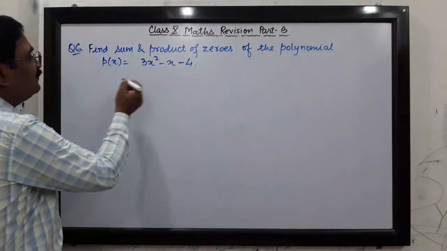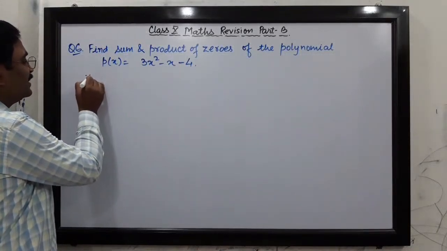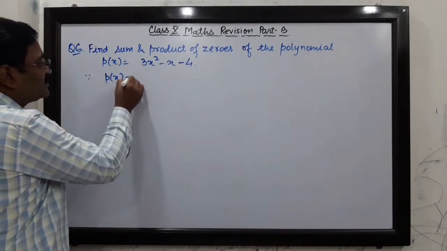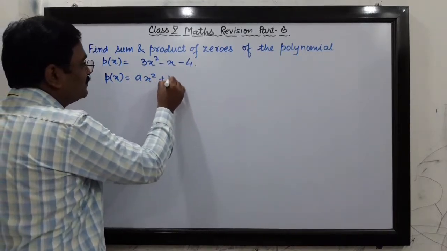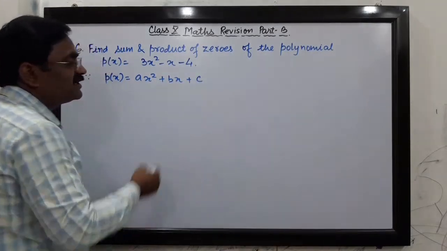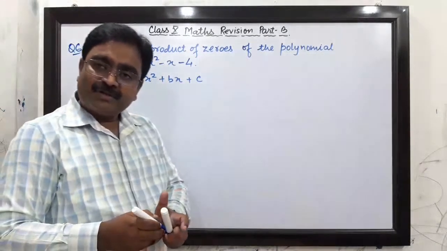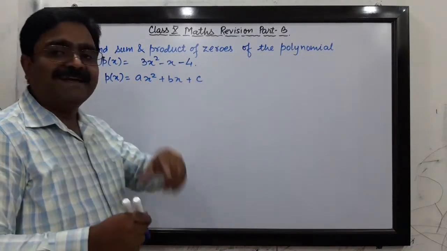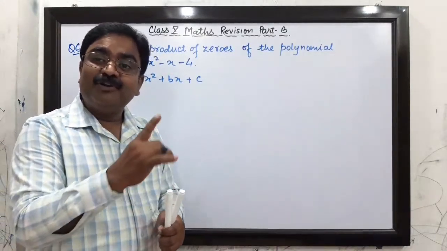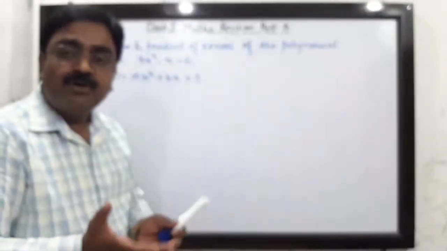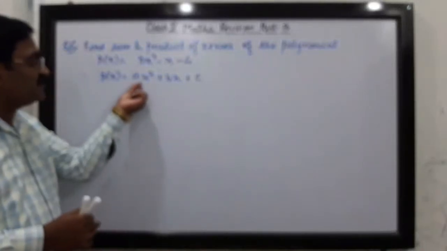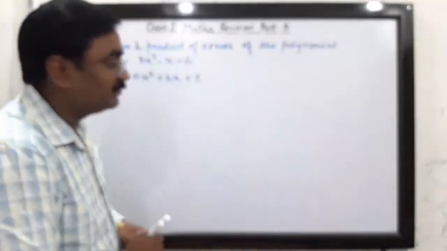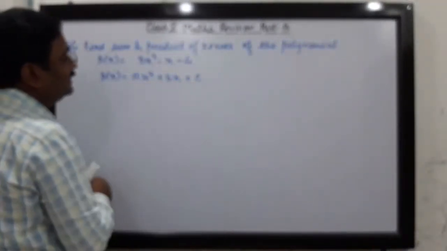So the standard form of the quadratic polynomial p of x is equal to ax square plus bx plus c, ये हमारा स्टैंडर्ड फॉर्म होता है. राइट, सो लेट अस कंपेयर दिस क्वाड्रेटिक पॉलिनोमियल बाय दिस स्टैंडर्ड फॉर्म. इस पॉलिनोमियल को स्टैंडर्ड फॉर्म से कंपेयर करो और उसकी कोफिशिएंट्स ऑफ x स्क्वायर, कोफिशिएंट ऑफ x and the constant term we need to find out, means to find the value of a, b and c.